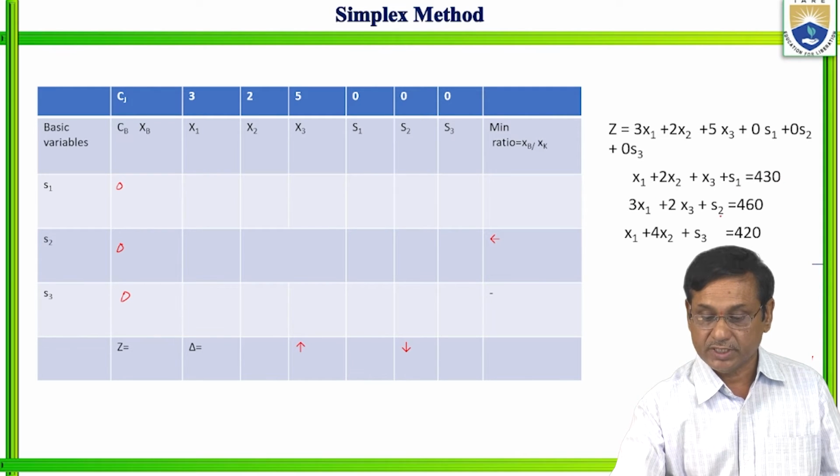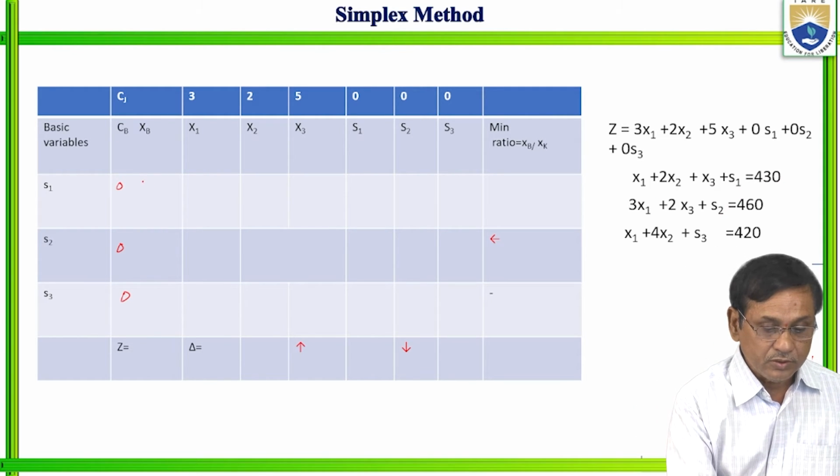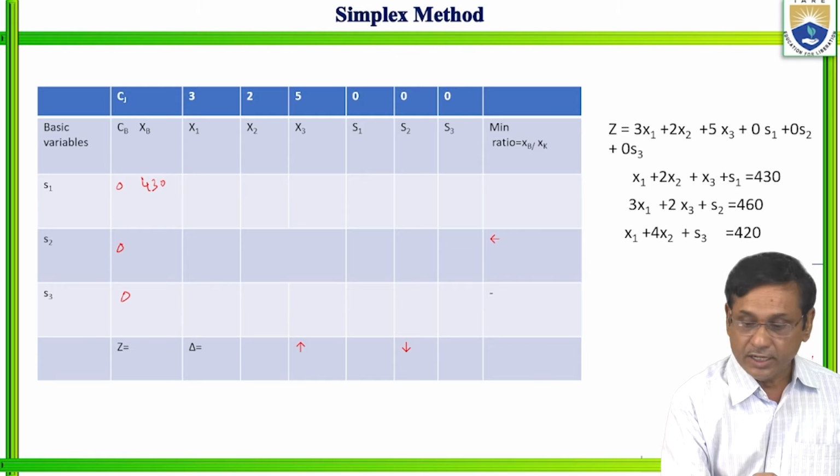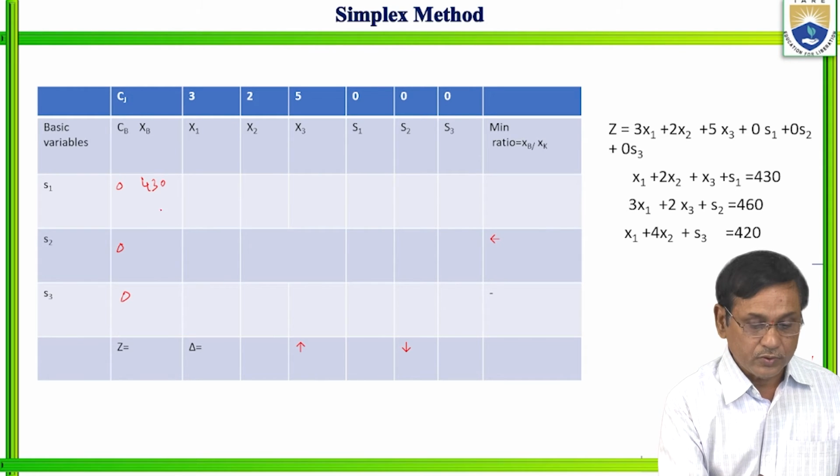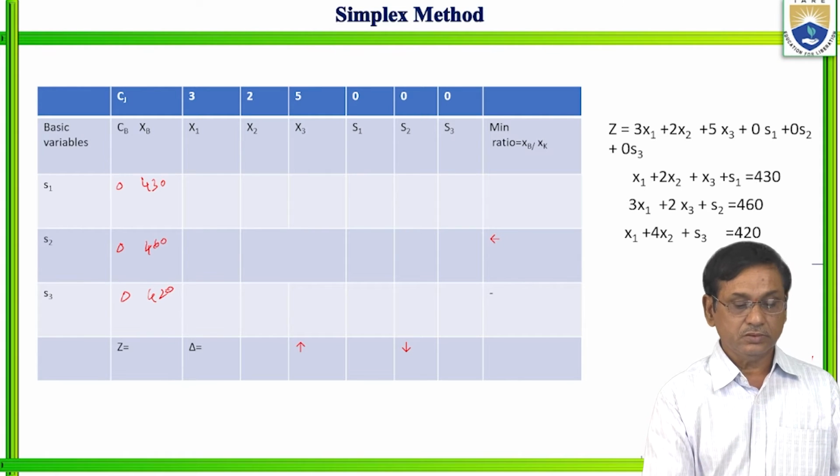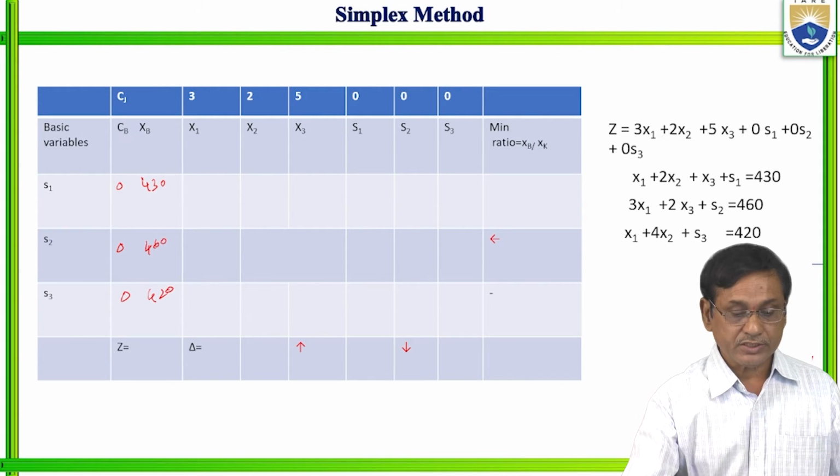S1 is equal to 430, S2 is equal to 460, and S3 is equal to 420. Now write the coefficients of x1, x2, x3, s1, s2 in the first constraint.